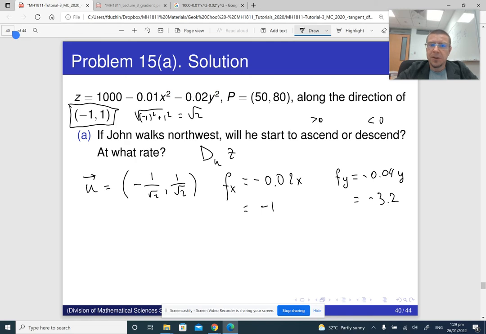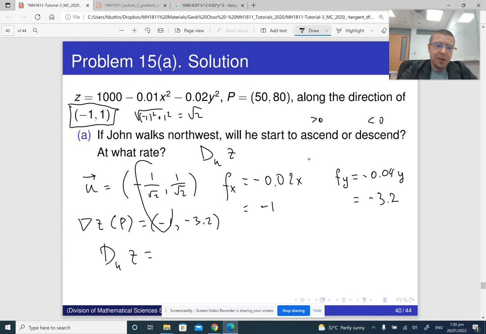So our gradient vector of z at the given point p is (-1, -3.2), and the directional derivative at the given point is basically this plus this. So it's 1 over square root 2 minus 3.2 over square root 2.